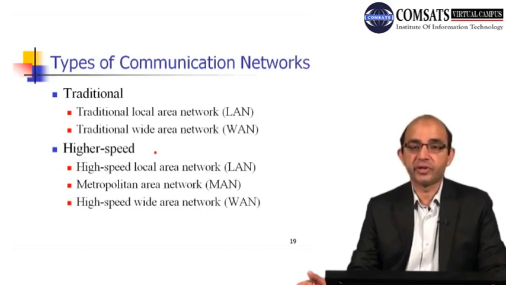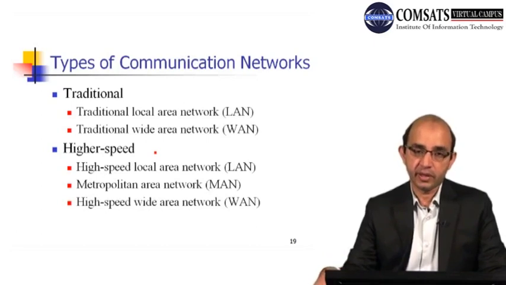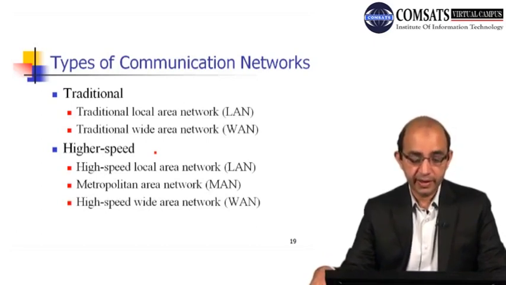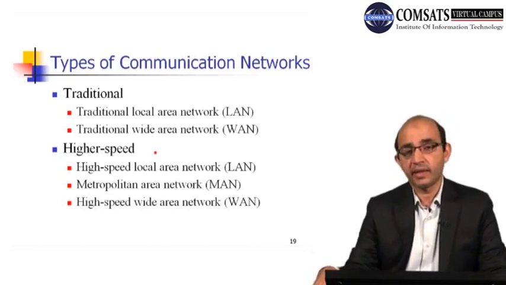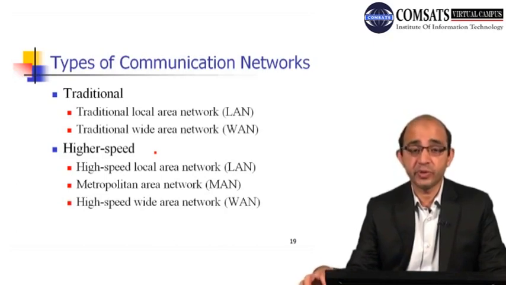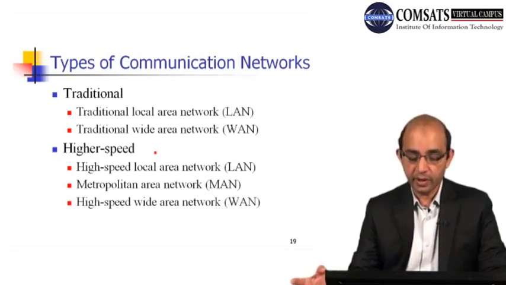And in case of MAN, we are actually having higher data rate, but within a city. For example, if we have exchanges within a city, and those exchanges have to be connected to a central office, we will be using a high-speed data link, and we namely call it a MAN.